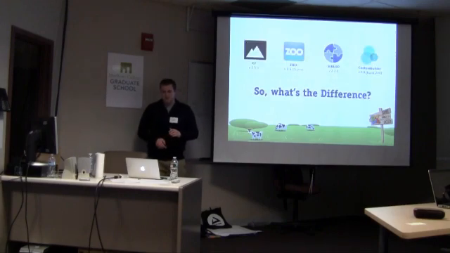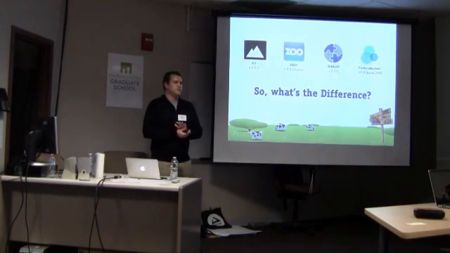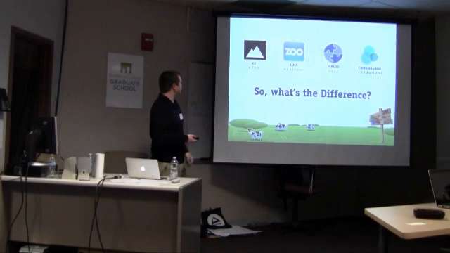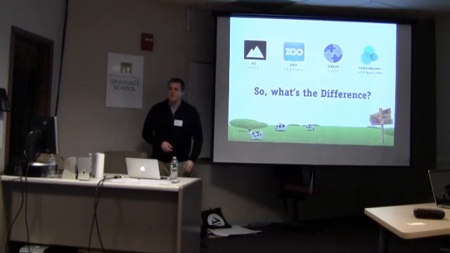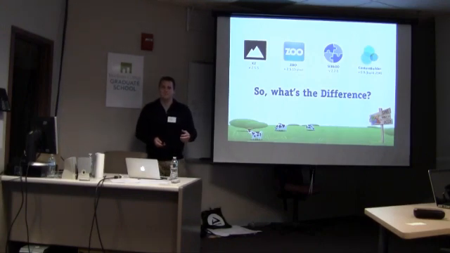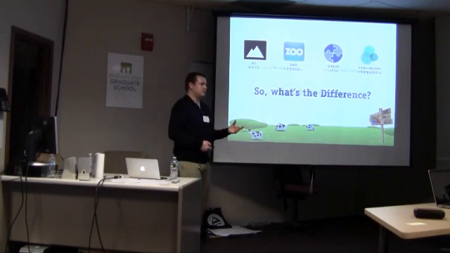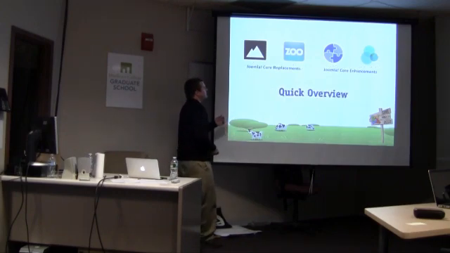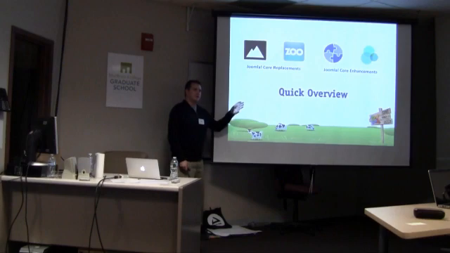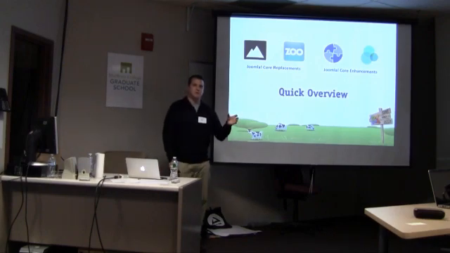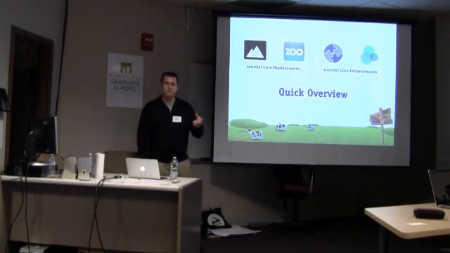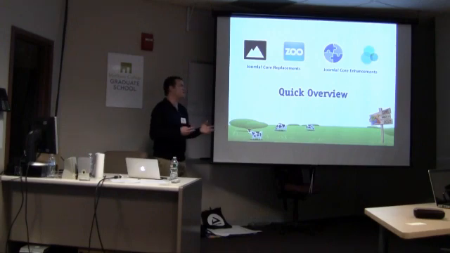All right. So what's the big difference between these four? Besides version numbers and titles, obviously. Well, a quick overview of these four is a simple pairing of these. So over here on the left, we have K2 and Zoo. And these guys are considered Joomla core replacements. Now, what do I mean when I say replacements?